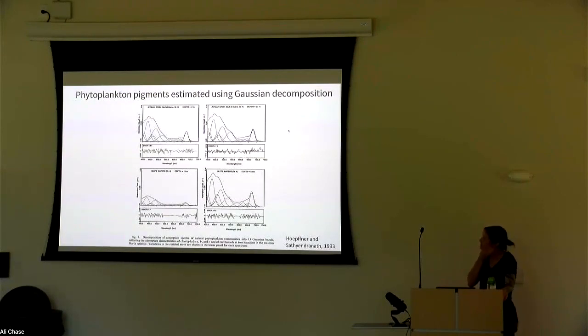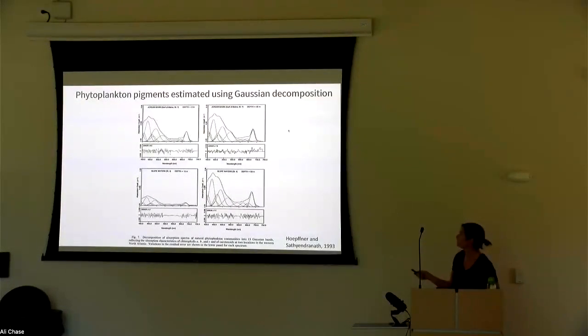So a bunch of the work that I did during grad school was to build off this method from Hopner and Sathyandranath. They have some papers in 1991, 92, and 93, where they did a Gaussian decomposition of absorption measured in the lab, first with cultures, so like a benchtop spectrophotometer, and then using samples, and this is the 93 paper from the ocean, Gulf of Maine, slope waters.